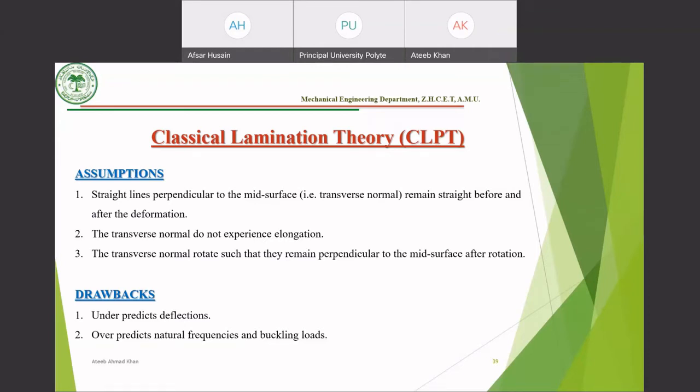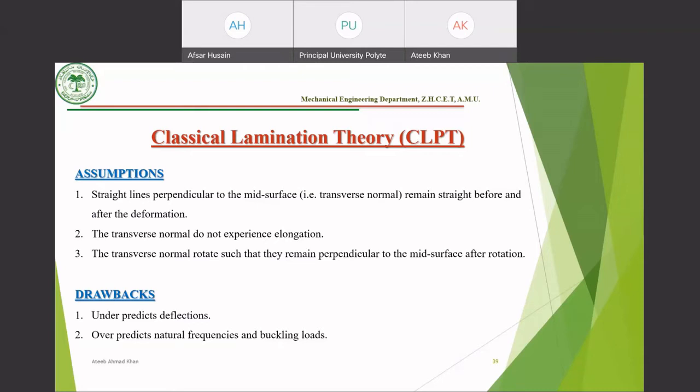Now, the drawbacks of this theory. Obviously, the computational effort in the classical laminated plate theory is less when compared to the third order theory. But because of that, there are some drawbacks associated with this classical laminated plate theory. The first one is it under predicts deflection, and the second one is it over predicts natural frequencies and buckling load.